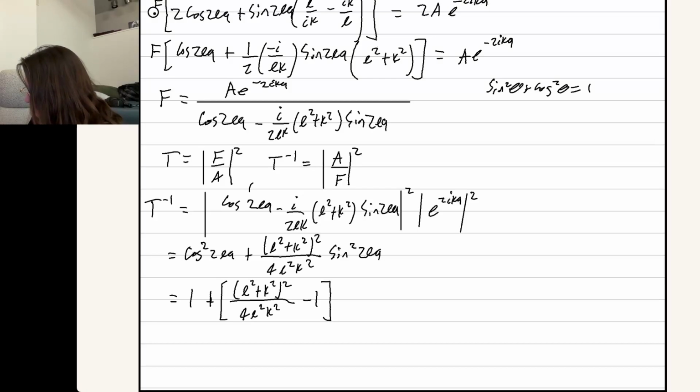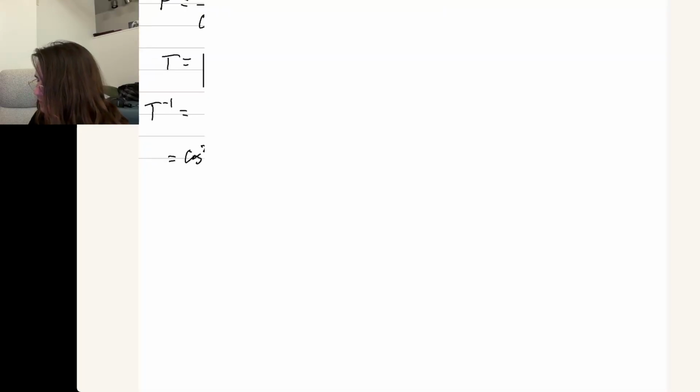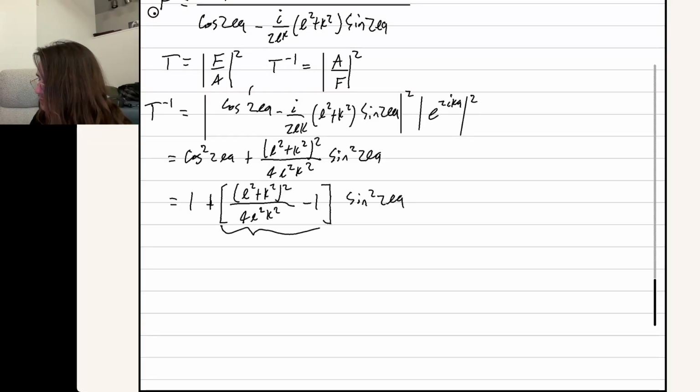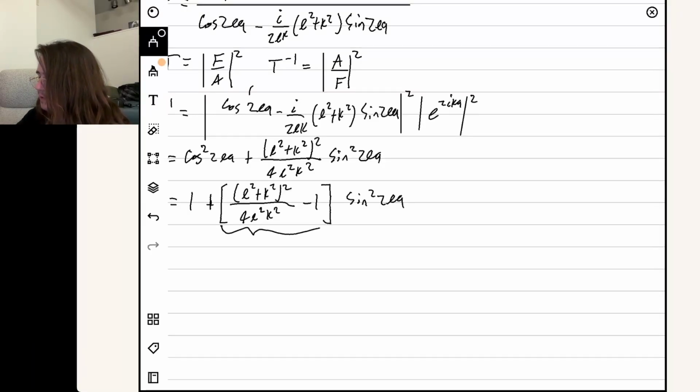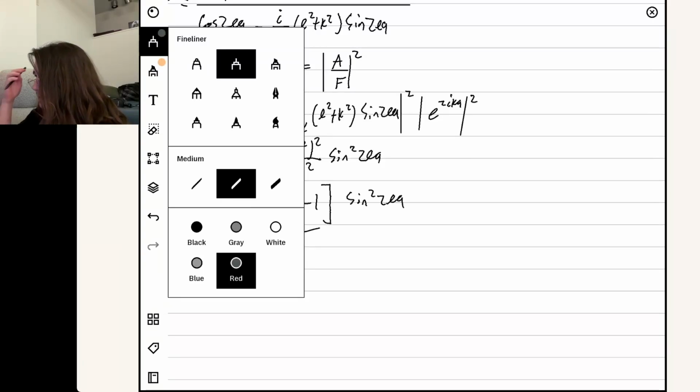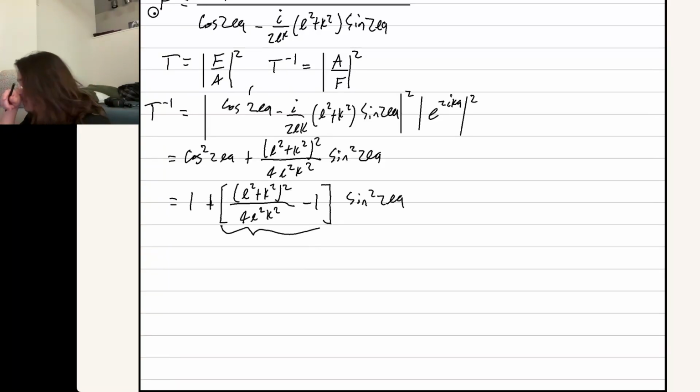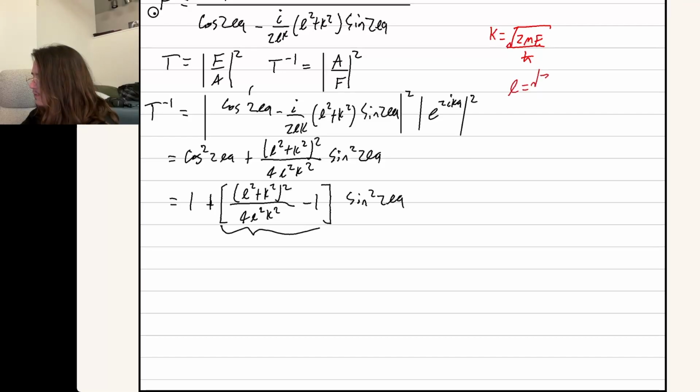And this is going to be sine squared 2la. And now this is just going to be a bit of algebra, actually figuring out what that term is from the definitions of k and l, which Griffiths defines as root 2mE over h bar, and then l was the square root of 2m(E plus V naught) all over h bar.